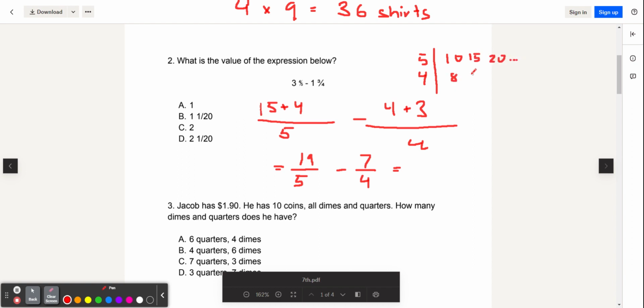And then we have 4, 8, 12, 16, 20. Aha! 20 is the least common multiple. 5 times 4 is 20, so we multiply top and bottom by 4. 19 times 4 is 76, minus 4 times 5 is 20. And then 7 times 5 is 35.